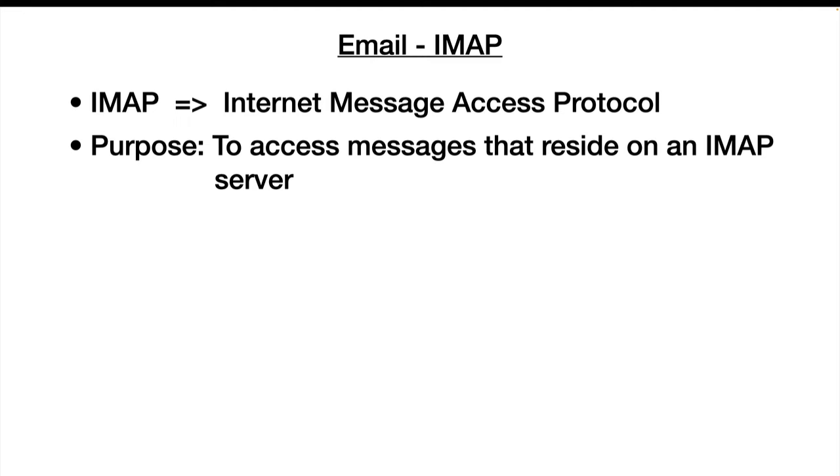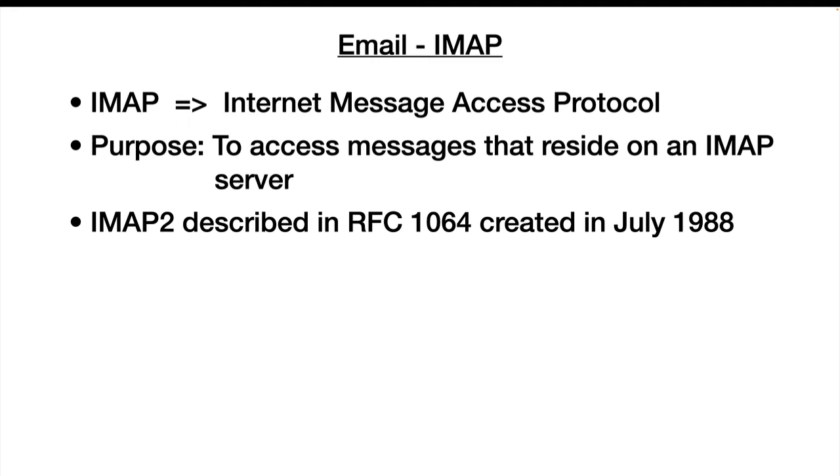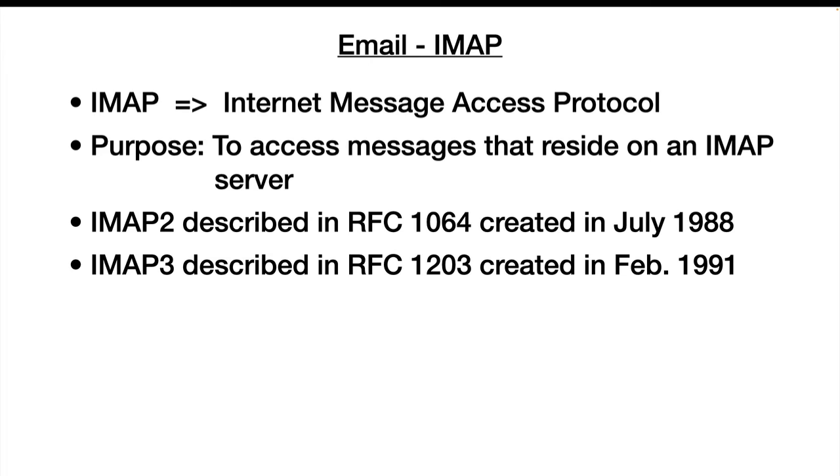So there was an original IMAP. It was never formally released as an RFC. The first RFC we have is RFC 1064, which was created in mid 1988, and that was for the IMAP 2 protocol. A little less than 3 years later, IMAP 3 comes out.